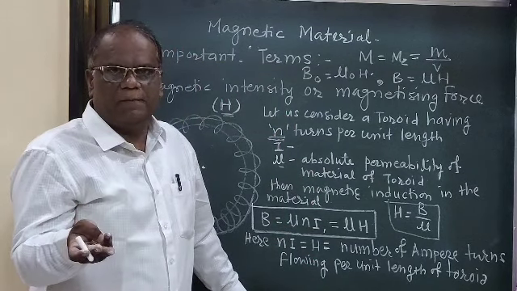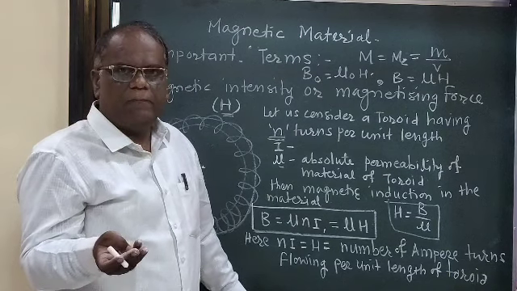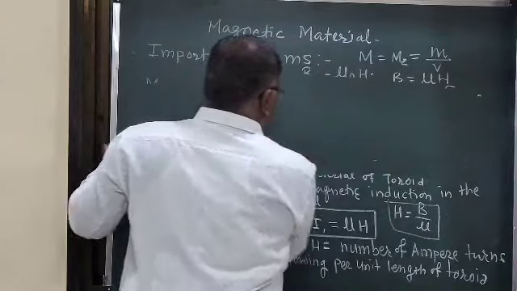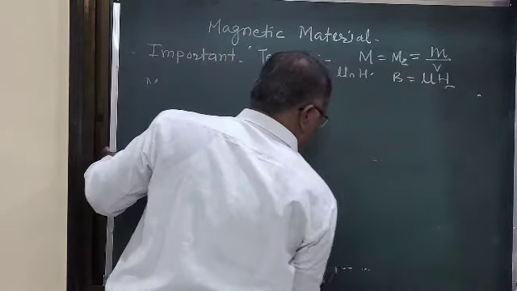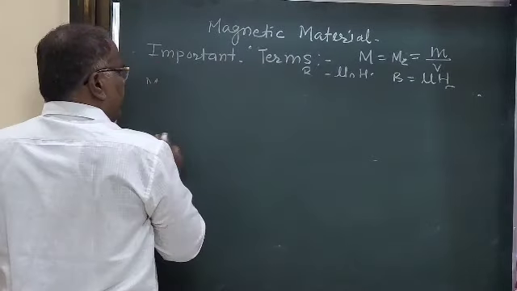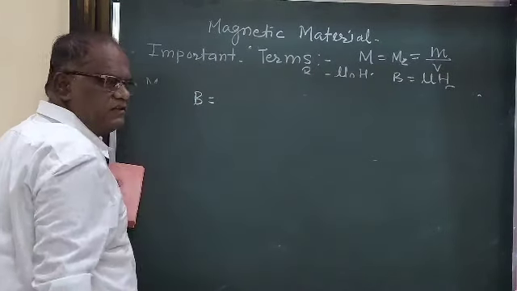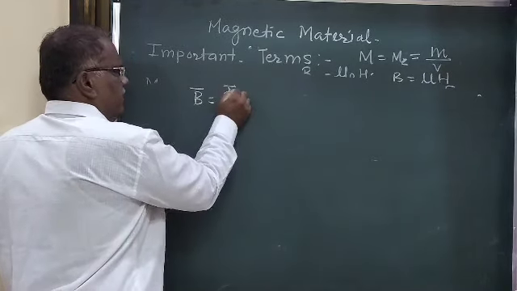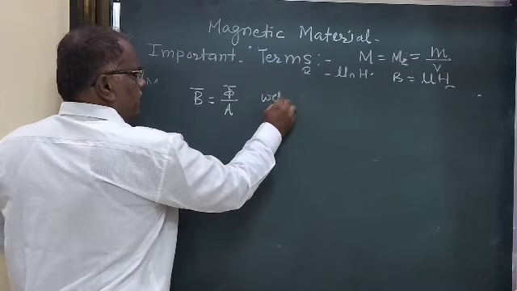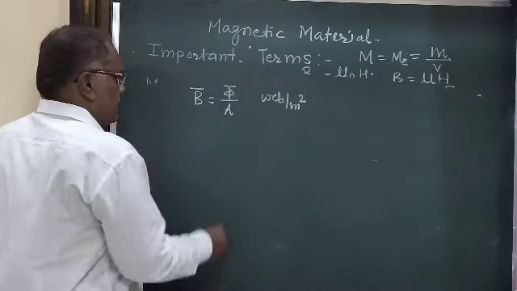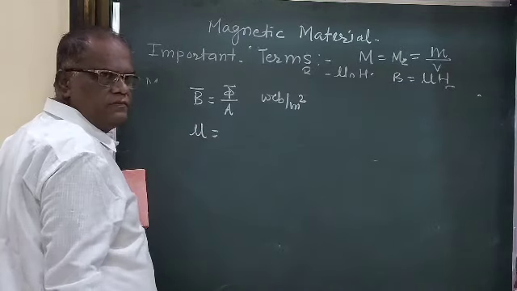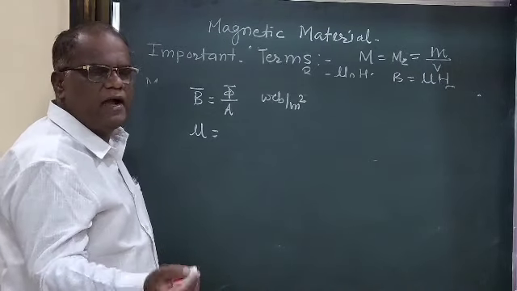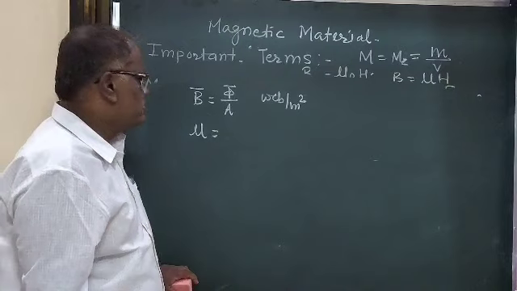First we studied magnetic flux density. Magnetic flux density means magnetic induction or magnetic field strength, whose formula is B is equal to phi upon A. Here the unit is Weber per meter square or Tesla. Second, magnetic permeability. Magnetic permeability means the ability of a medium to conduct magnetic lines of force. Its value is constant.